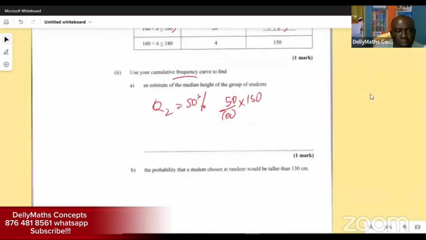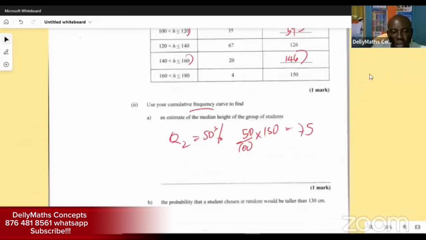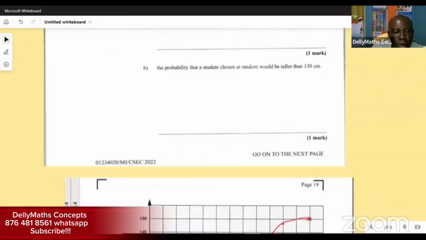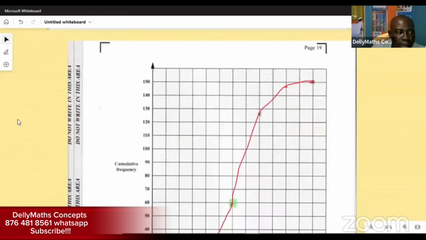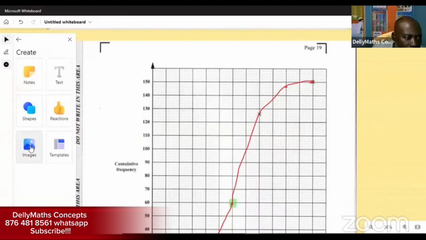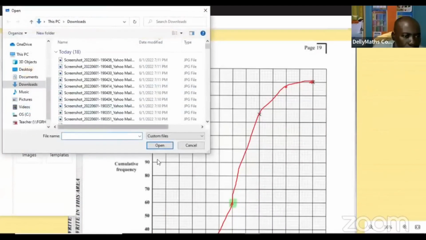Yeah, it's 150. So half of 150 is 75. This is the marker we're going to use at 75 to go across on our curve to pick up that value. 75 is halfway between 80 and 70.